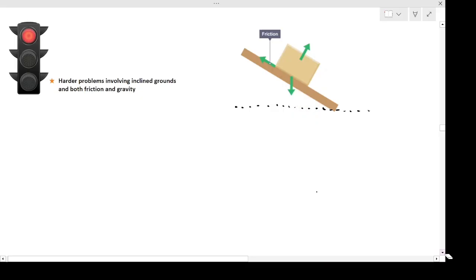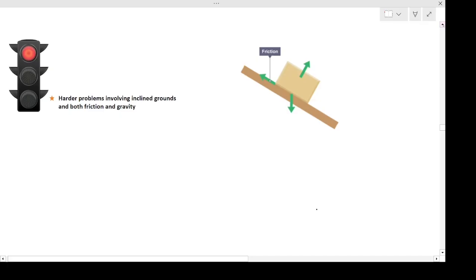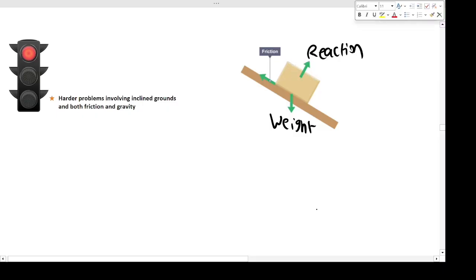Okay. So very simply then, the forces in this situation. Again, there's going to be a weight force that pulls the box down. And then there's going to be a reaction force. Note the reaction force is at an angle. We'll go more into that in a second.